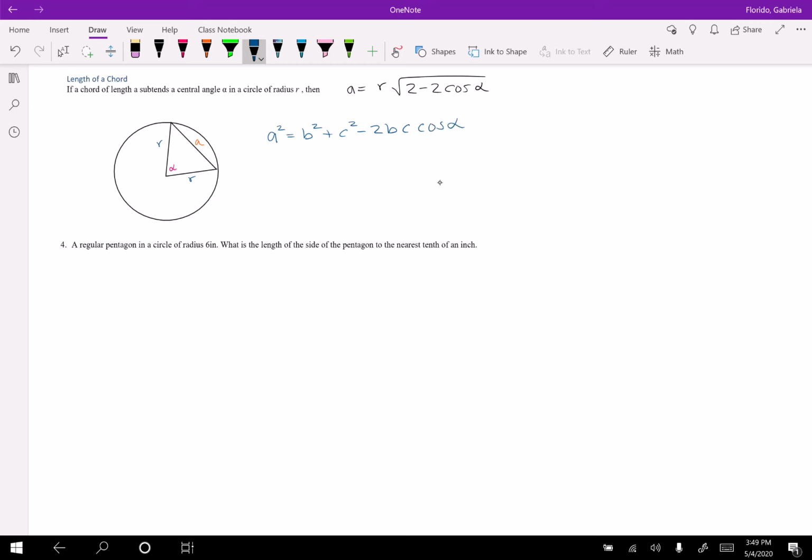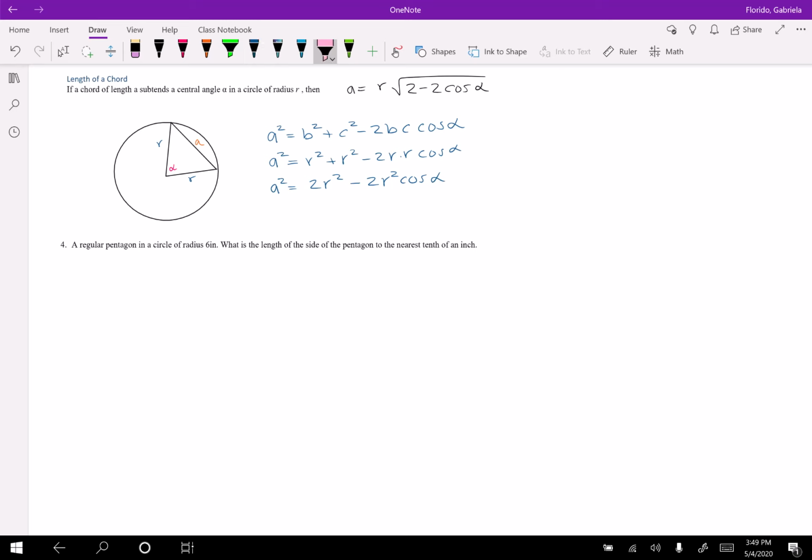But notice that my b and my c are both r. And so we have a squared is equal to r squared plus r squared minus 2r times r cosine of alpha. I'm going to combine like terms a little bit and simplify. So we have r squared plus r squared gives us 2r squared, and then minus 2r squared cosine of alpha.